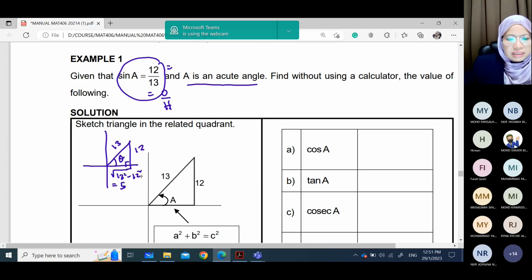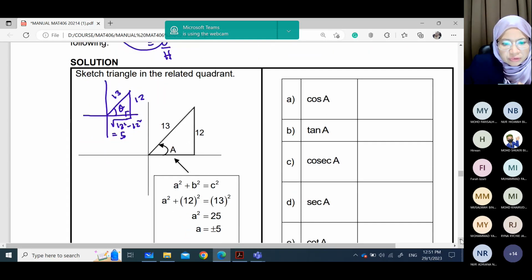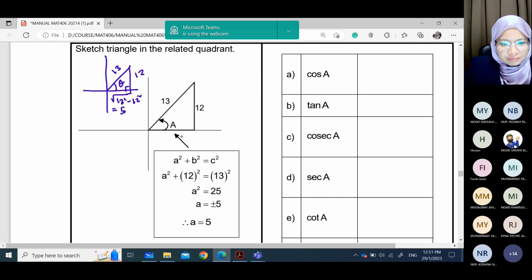So maksudnya adjacent adalah 5. Alright. So ini ada dalam contoh kat sini. Okay. Alright. Faham? Okay, so yang ini adalah 5.